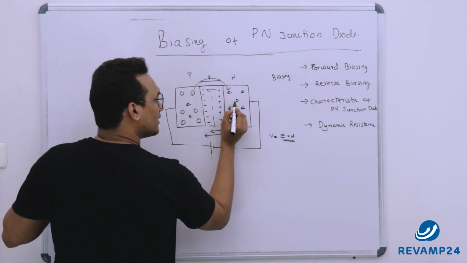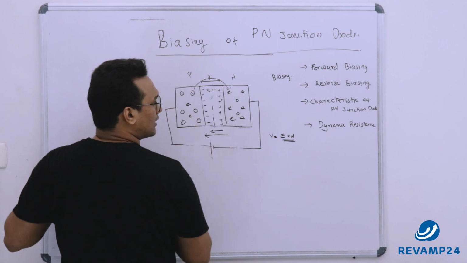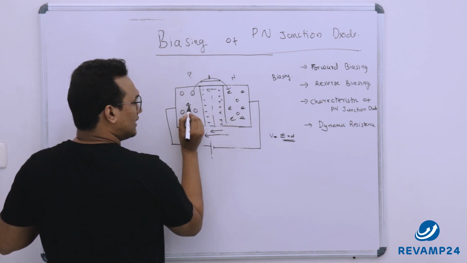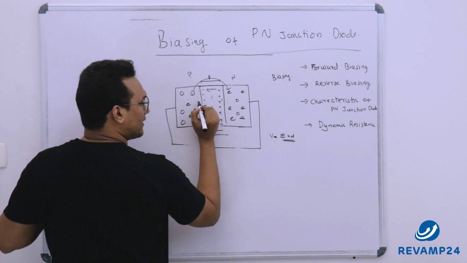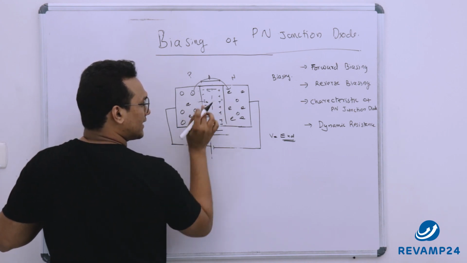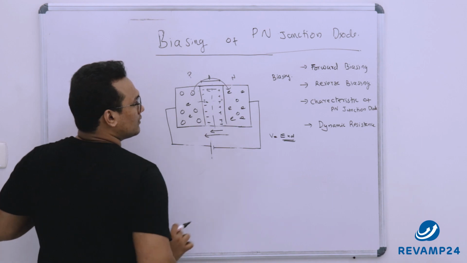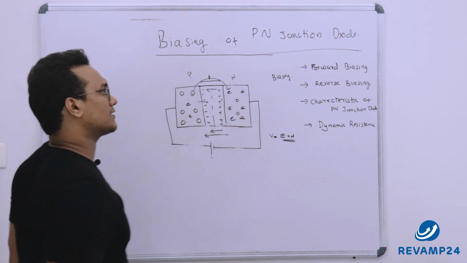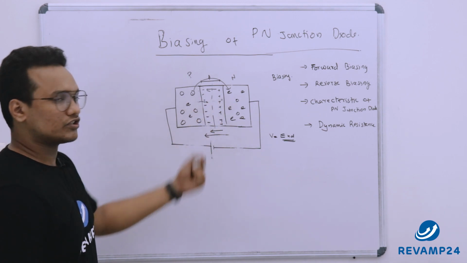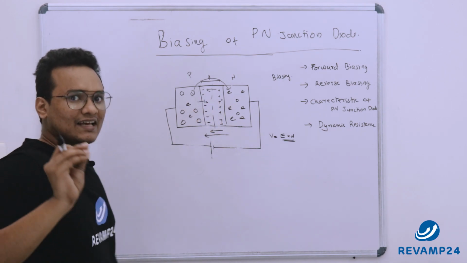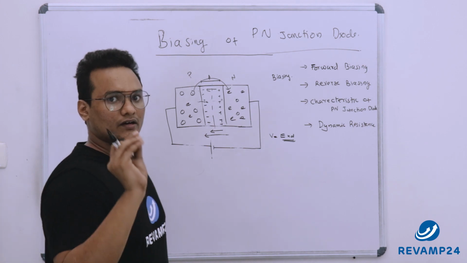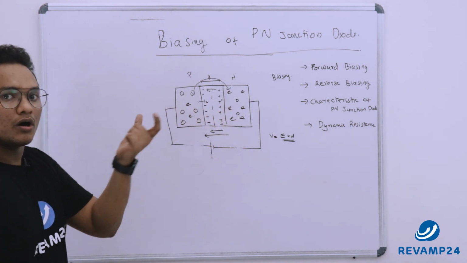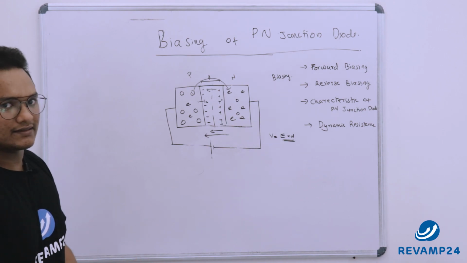Now these holes can easily come to the junction, and from the junction they will go in this direction, and even electrons, the minority charge carriers here, can go in this direction and be brought to the junction. So hole-electron combination or diffusion is possible here, but that is a very small amount of current created due to minority charge carriers.